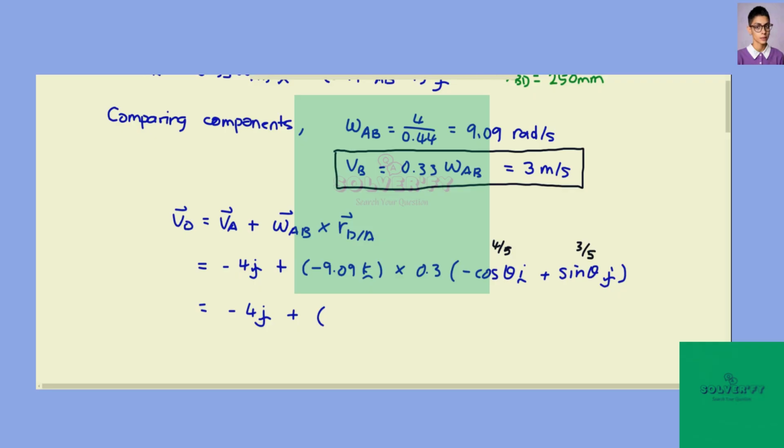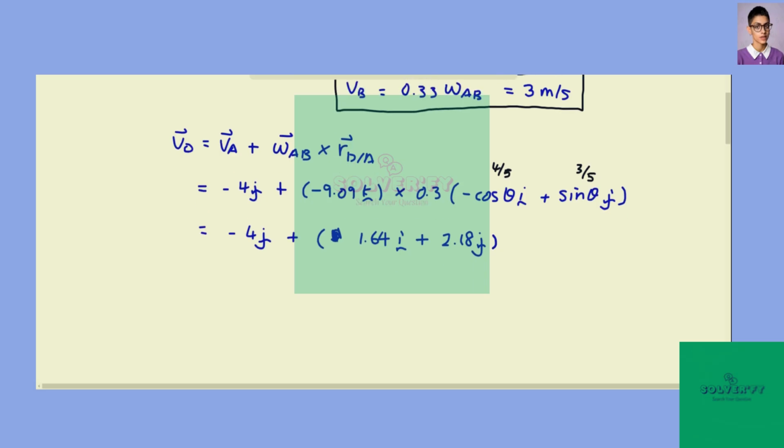Then when you substitute, you do the cross product, you get 1.64i plus 2.18j. Okay, then VD will be 1.64i minus 1.82j.